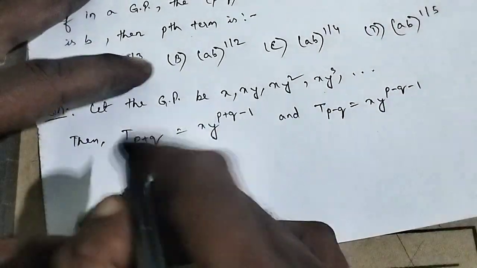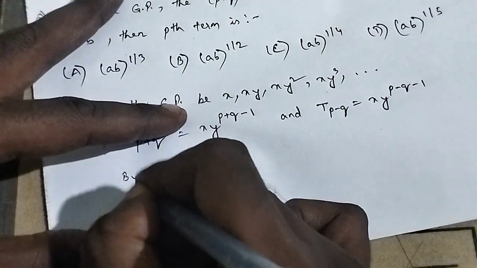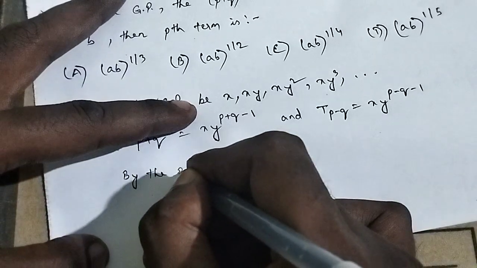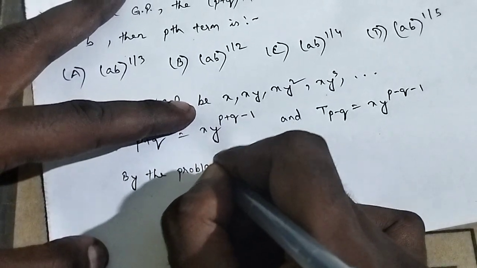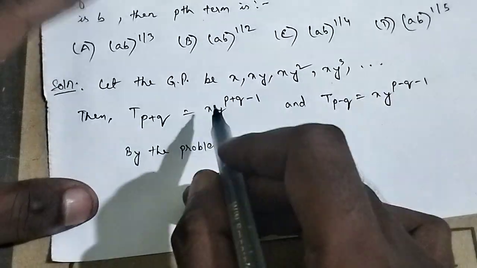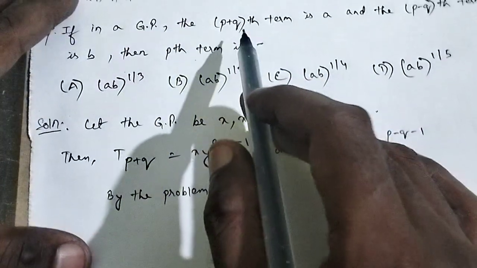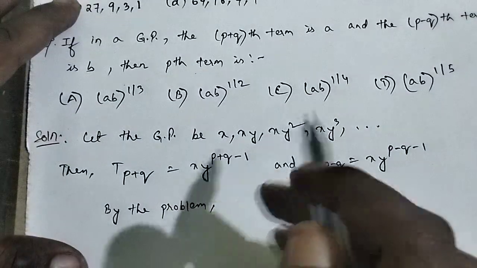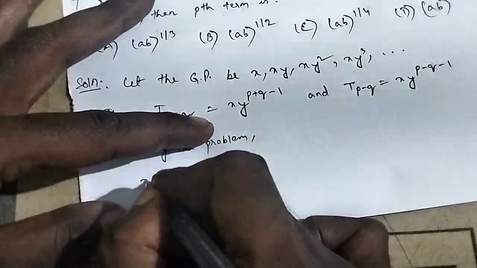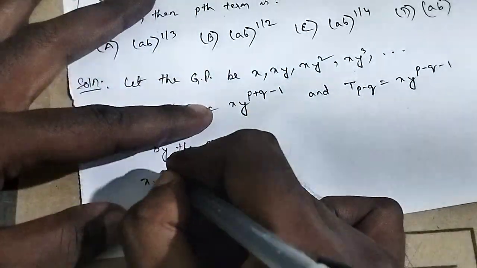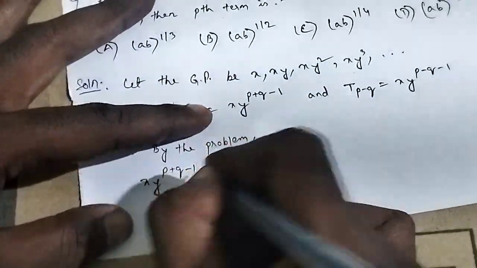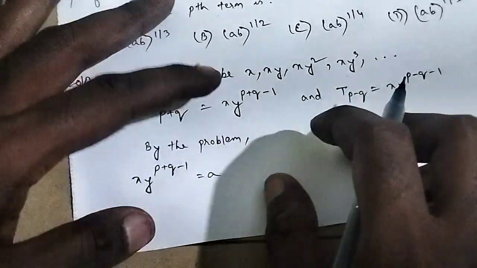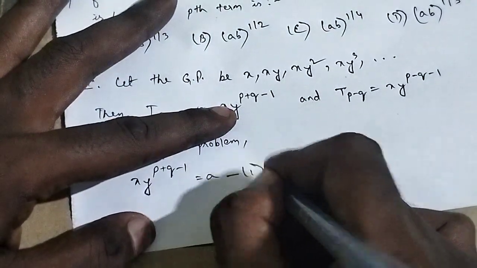Now by the problem, this p plus qth term is a, that means xy to the power p plus q minus 1 is a. Name it as equation 1.